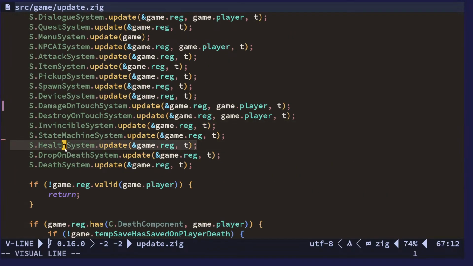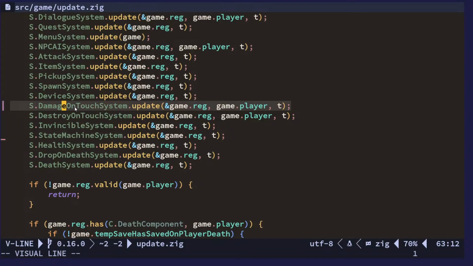Which means that the attack system could add hurt effects, like damage effects, but also damage on touch. So if you're colliding with an attack at the same frame you're colliding with something that damages on touch, like a projectile, for example, then you can also get double damaged in the same frame.